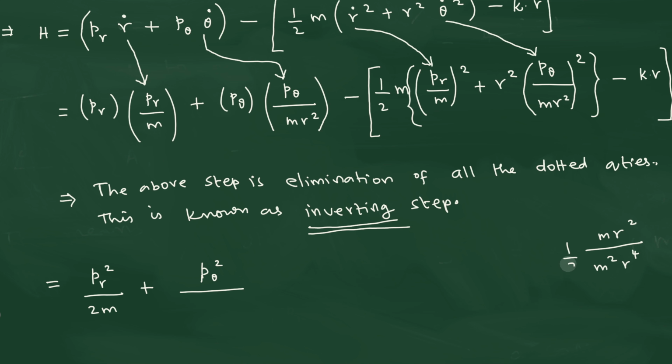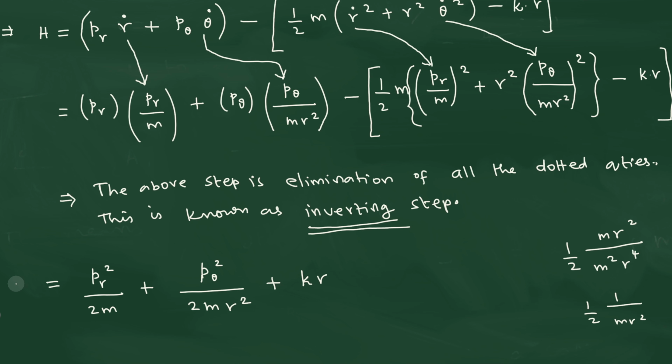So let us cancel. So if you cancel, what is happening? 1 by 2 is there, then you have m r square, so therefore you will be getting m r square. This is 2, so again you will be getting 2 times m times r square. So all the things are now coming clearly. Then this is over, this is over. Then the final expression is this last one. So I'll write down plus, because minus of minus, k times r. So this is k times r.